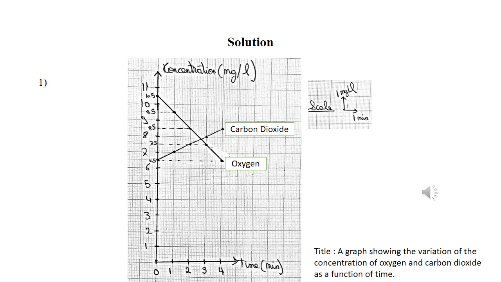So a graph showing the variation of the concentration of oxygen and carbon dioxide as a function of time. After plotting the two curves, we notice that during the degradation of glucose in an animal cell, the concentration of oxygen decreases while that of carbon dioxide increases. These are happening during the degradation of glucose.